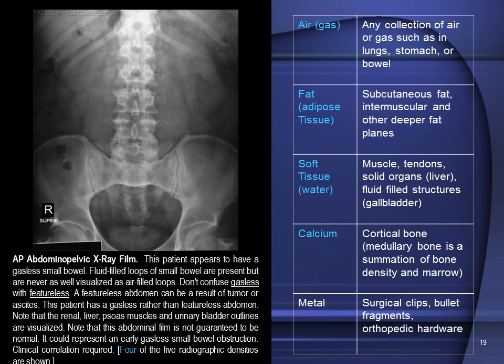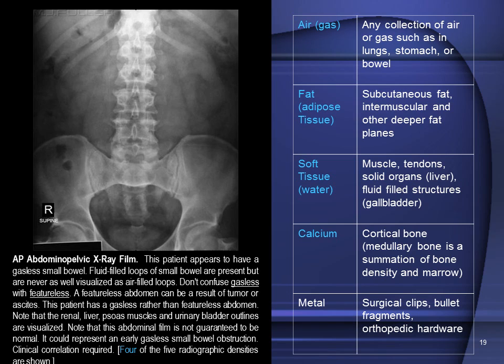Now let's look at the four radiographic densities that are shown: air or gas, fat or adipose tissue, soft tissue, and calcium of bone. So here is air, gas in the gut tube. We see some gas in the sigmoid colon going toward the rectum and then to the outside.